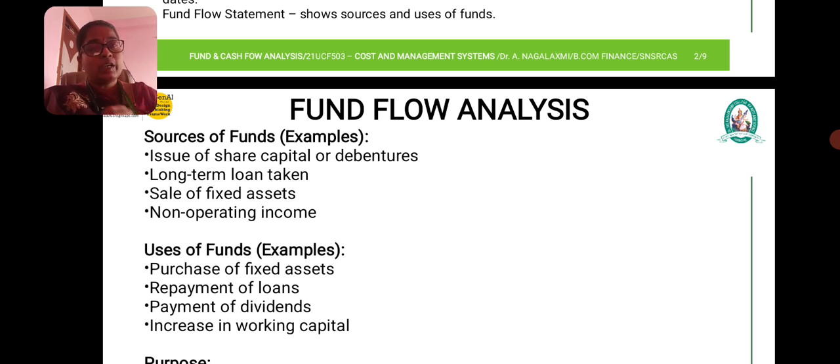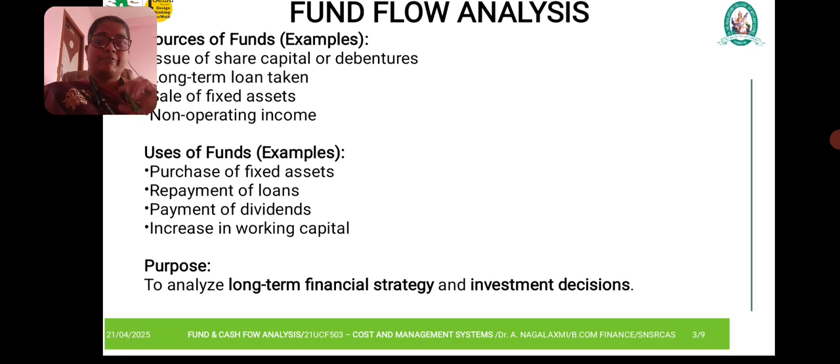Likewise, long-term loans, selling some fixed assets, and non-operating income. These are some examples of sources of funds. Likewise, uses of funds.